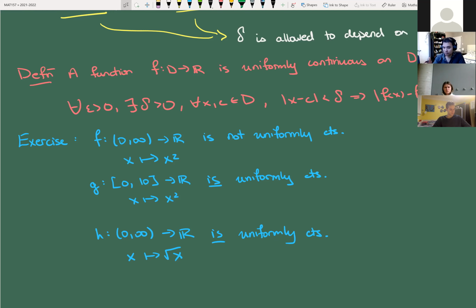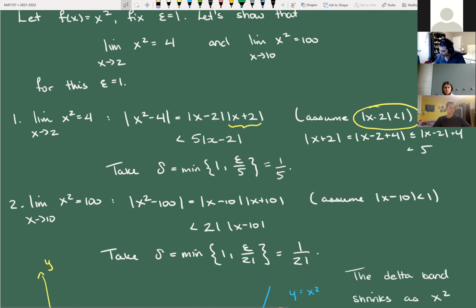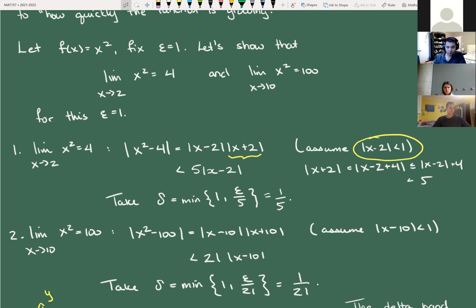It turns out with x squared on 0 to infinity, you keep having to choose smaller and smaller deltas, so it's not uniformly continuous. Basically, delta keeps getting smaller. Try doing this proof for x squared.